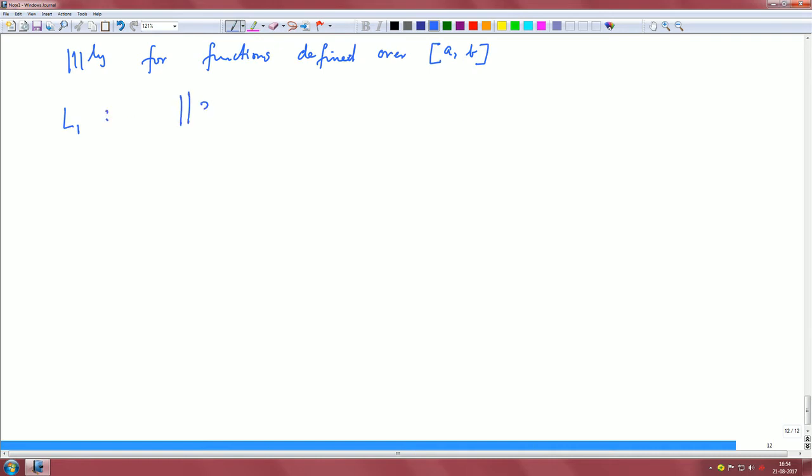L1 is basically take the modulus of x of t, integrate it from a to b, and that is your L1 norm for this function. And I am sure now you can recall when you learnt your Fourier conditions, absolute summability, etc., what this definition is, and here you see this in this sense.